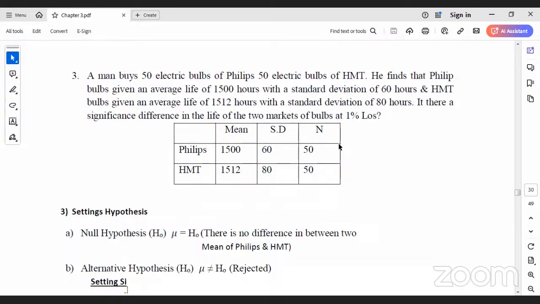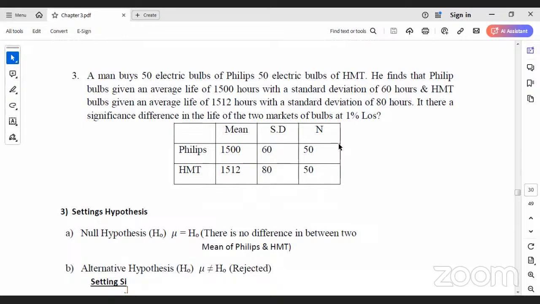Okay, a man buys 50 electric bulbs of Philips and 50 electric bulbs of HMT.